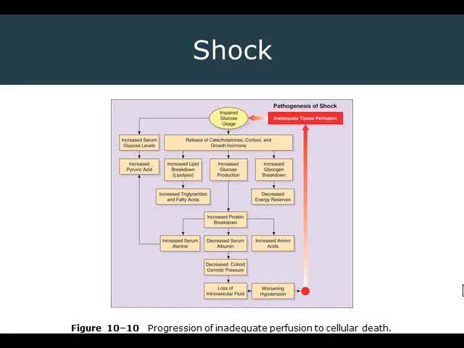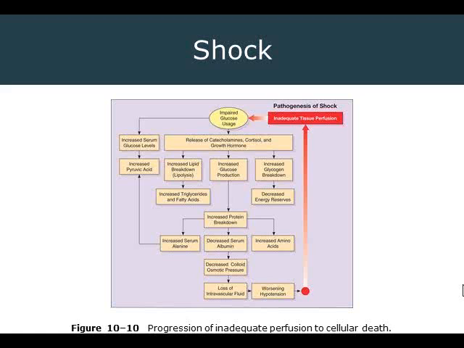Number one, it's going to increase serum glucose levels, because of the epi/norepi dump, as well as the body saying, hey, I don't have enough sugar here, which is going to cause the glucagon to be dispatched, and then that will start to free up some of the stored glycogen.